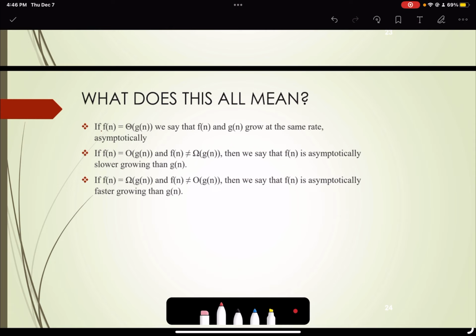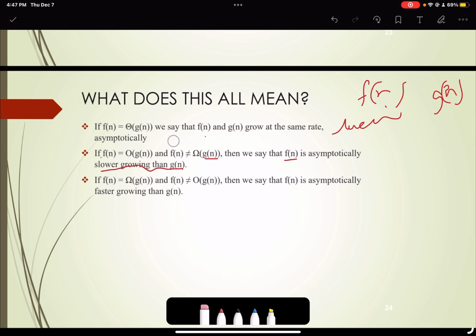So if f of n is theta g of n, then there is a linear increase in f of n and g of n. And if the upper bound for the function is big O g of n, but f of n is not omega g of n, then we say that f of n is asymptotically slower than g of n.